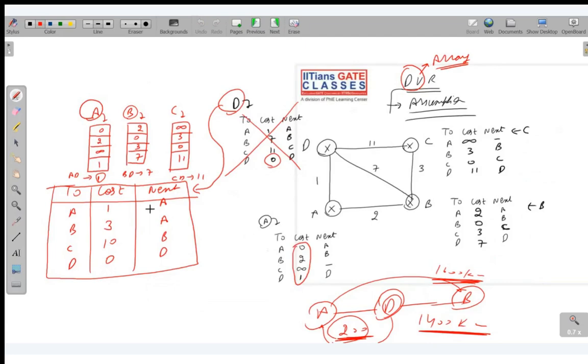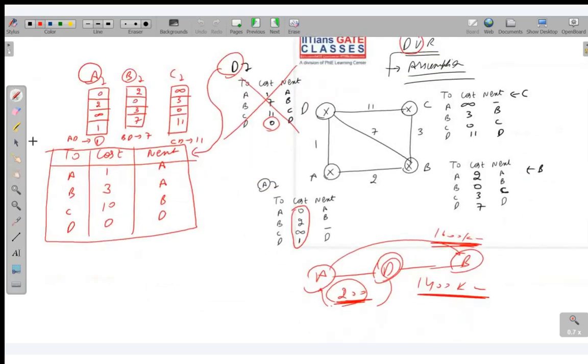Okay, yes. So now I will make for A. So what distance from D? 1, 7, 11, 0. From B, B is 2, 0, 3, 7. Okay, yes. And now I will keep the cost thing.